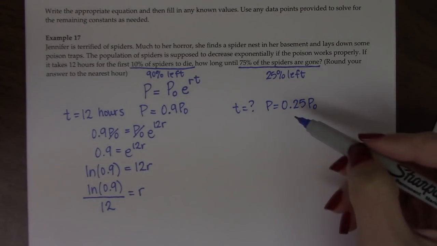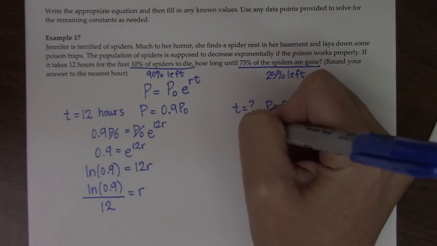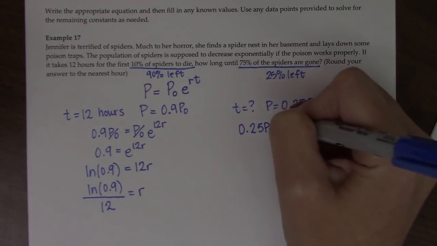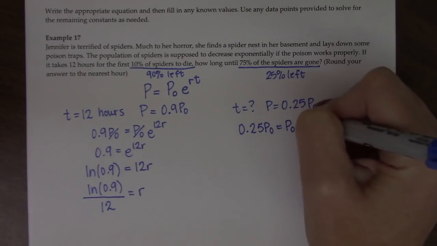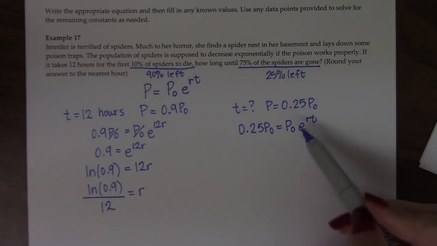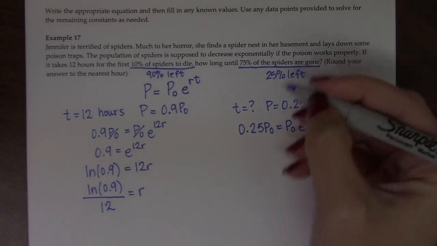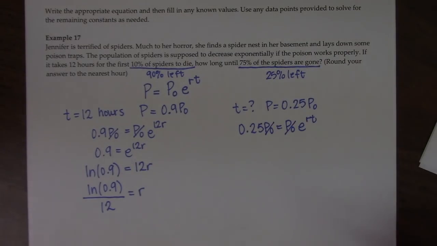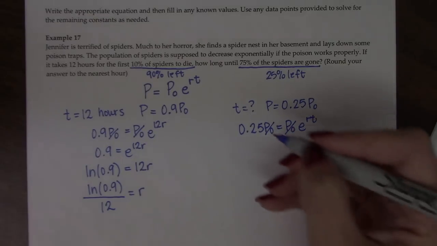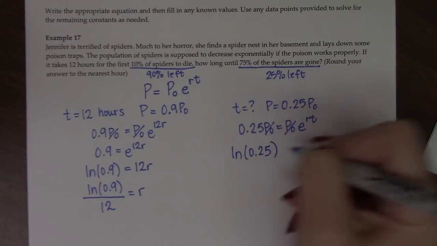One of the cool ways you can do this, because these can get really messy, is you can make your algebra a lot cleaner by setting up the equation, and even though I have the rate, I'm not going to plug it in yet because it's kind of nasty to write all of that mess up inside of here. So I'm going to set it up like this, and the first step is to cancel P naught. Then we take the natural log of both sides.